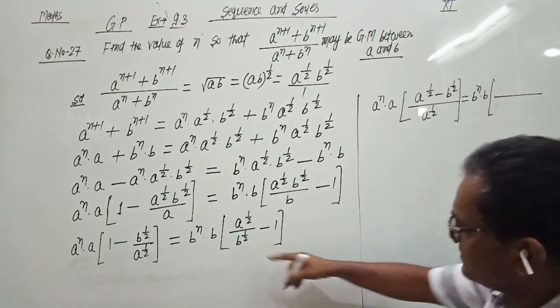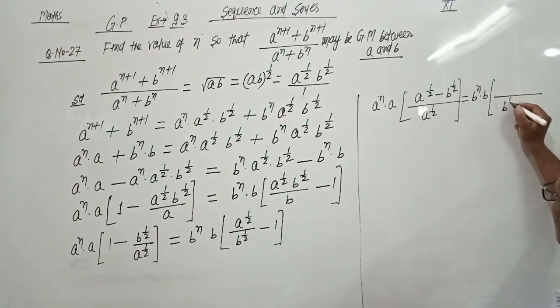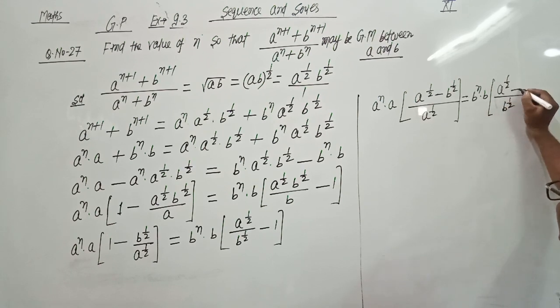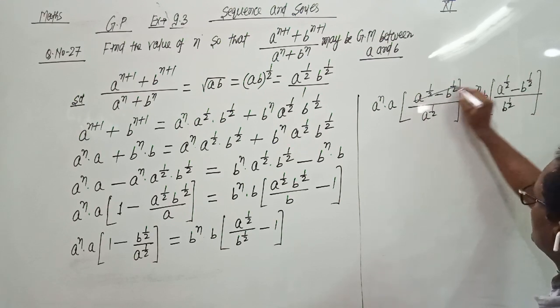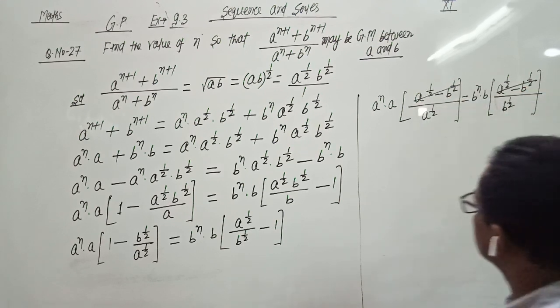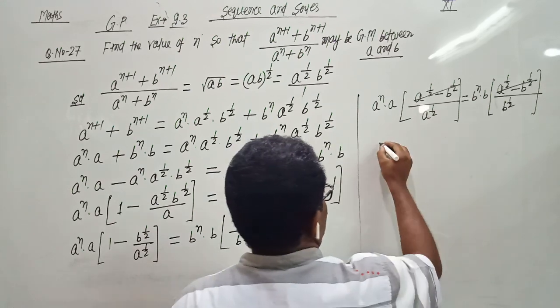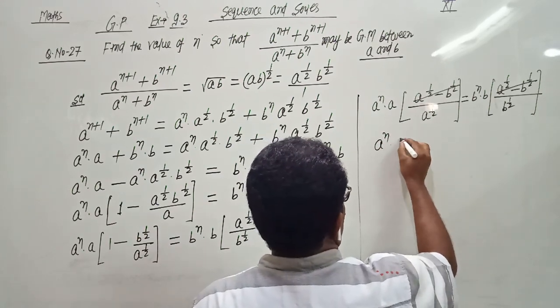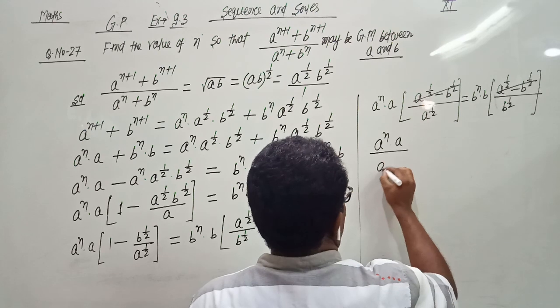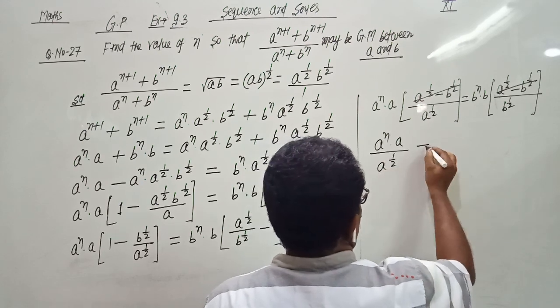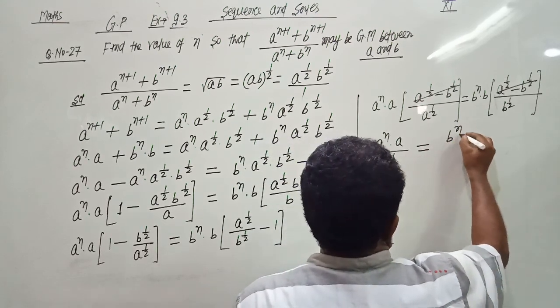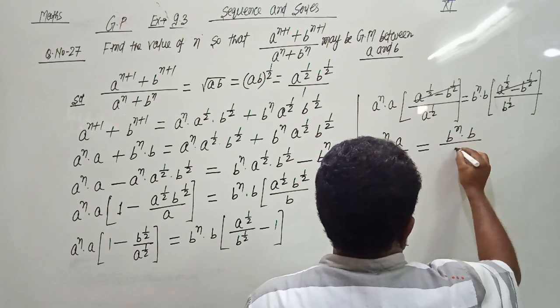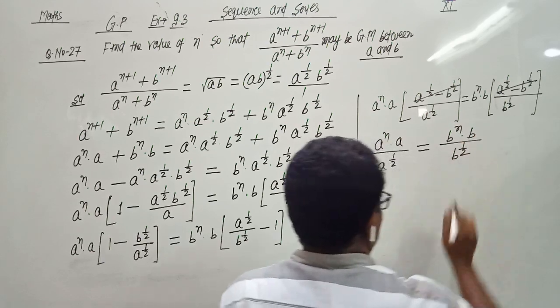Again taking LCM b raised to the power 1/2, we get a raised to the power 1/2 minus b raised to the power 1/2. So this term gets cancelled and it remains a raised to the power n into a upon a raised to the power 1/2 equals b raised to the power n into b upon b raised to the power 1/2.